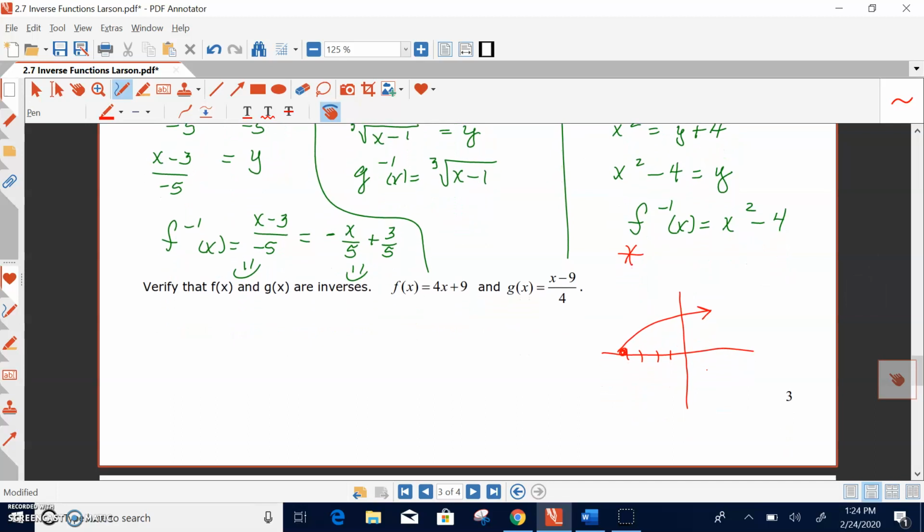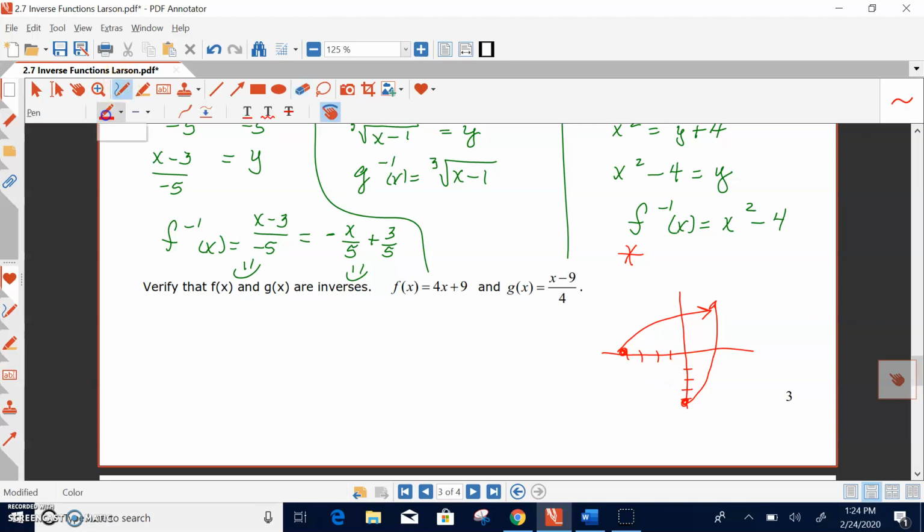Let's look at the inverse, which is x squared minus 4. That's the parabola that goes down 4. Well, we have a problem because I cannot use the whole parabola because it's not one-to-one. So in these cases, what we have to do is cut half of it off.